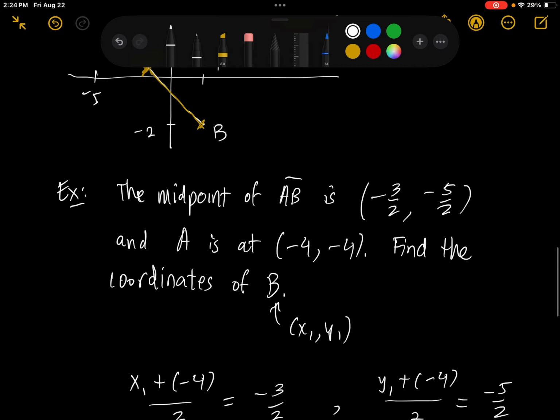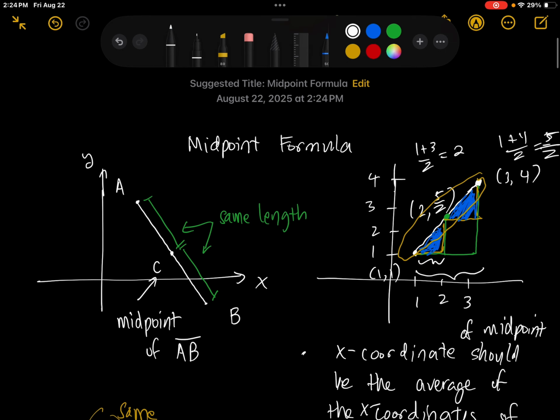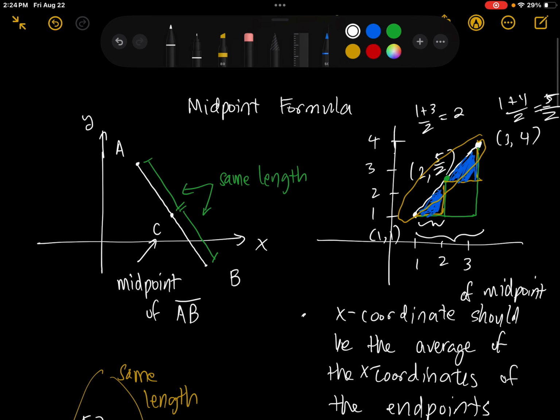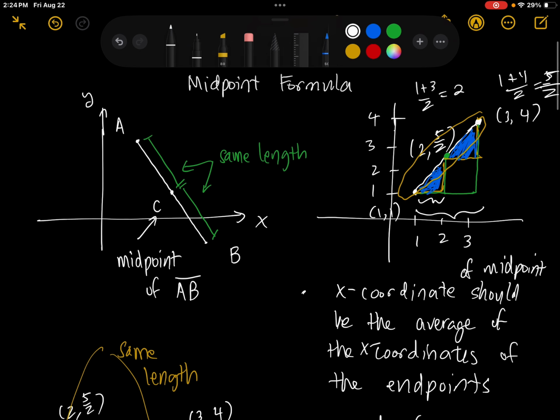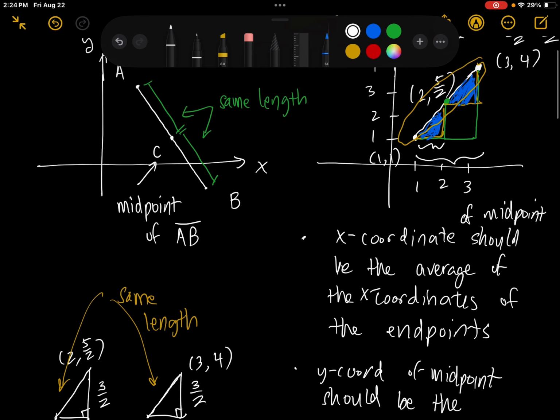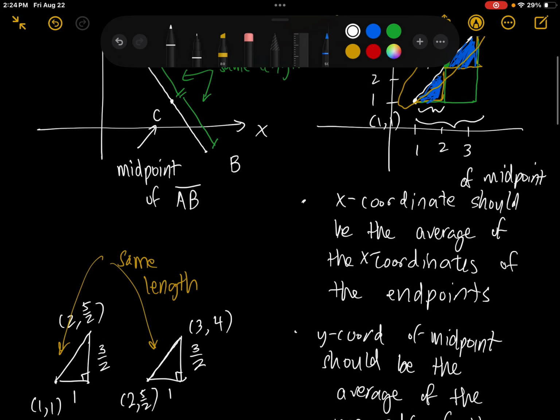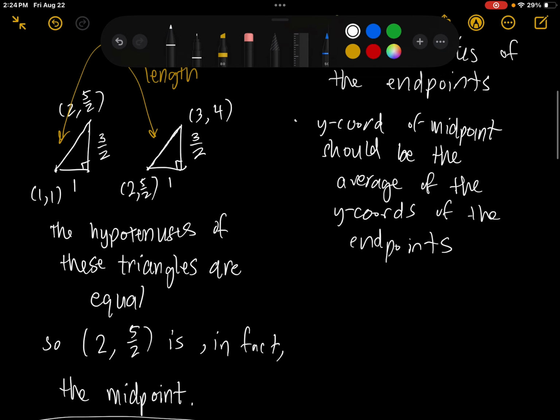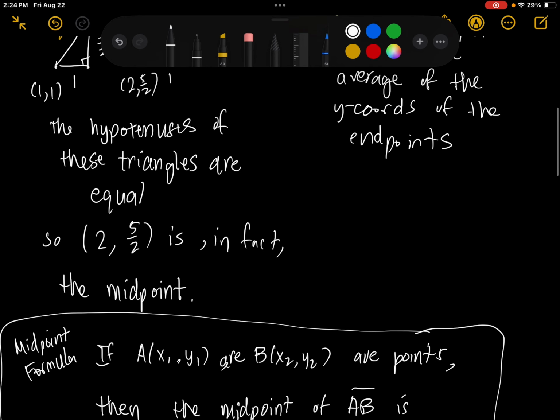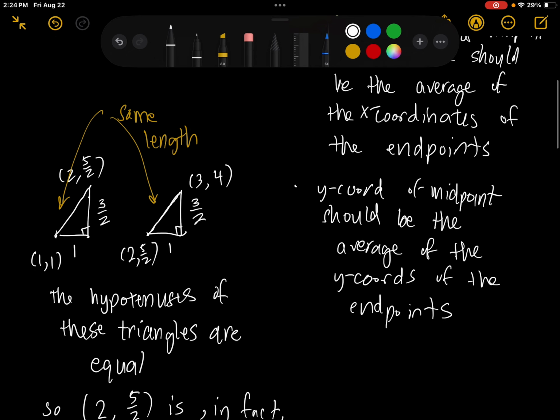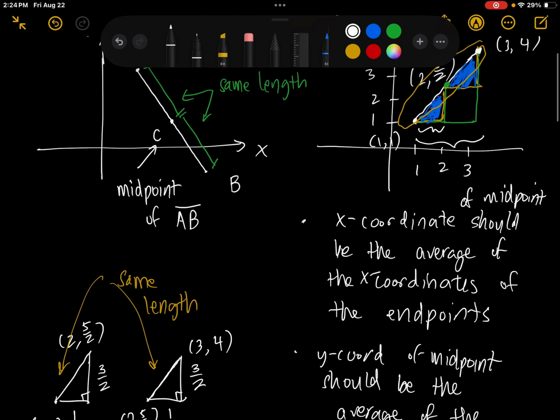Okay, so that's the midpoint formula. Let's just review what we did. We wanted to find the point that will split up a line segment into 2 equal pieces. And we saw that we can do that by averaging the x-coordinates and then averaging the y-coordinates. And those 2 numbers are the coordinates of the midpoint. And we gave an example to illustrate why that's true.